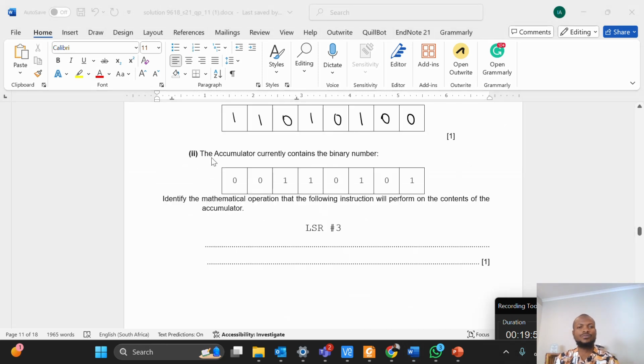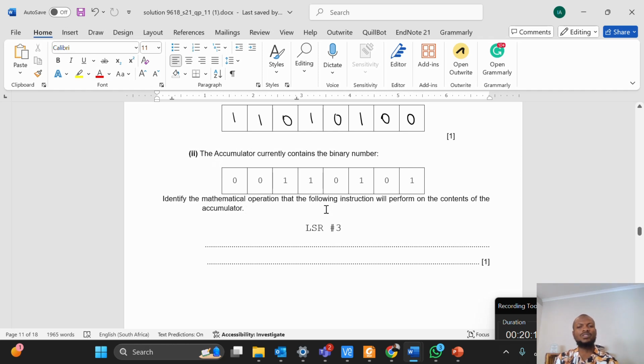The next question. The accumulator currently contains the binary number 00110101. Identify the mathematical operation that the following instruction will perform on the content of the accumulator.